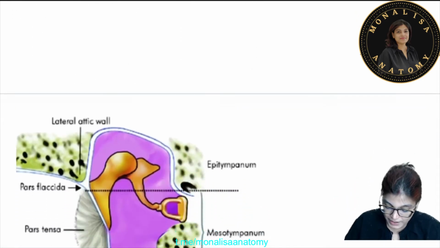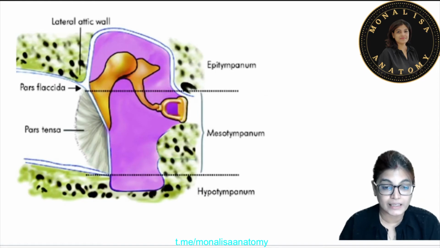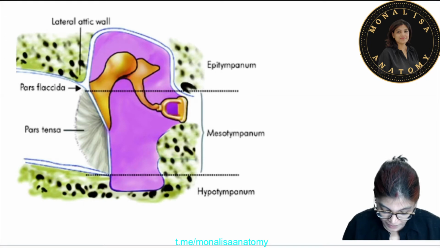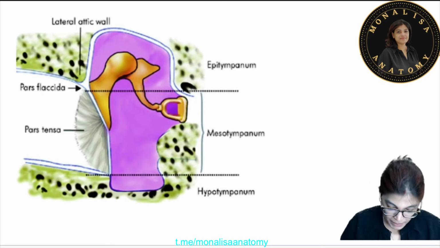of the middle ear cavity. So let's see a schematic diagram which will help you to understand the middle ear cavity subdivisions. Can you see? The middle ear cavity is divided in respect to the tympanic membrane. So let me just highlight the tympanic membrane with a green color.